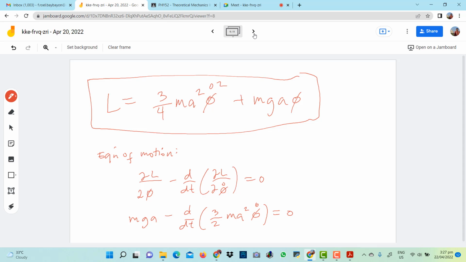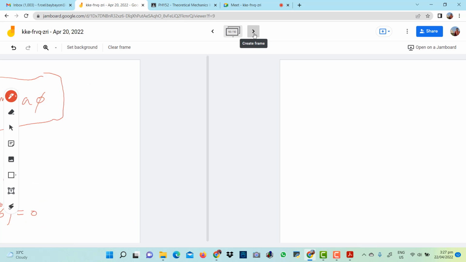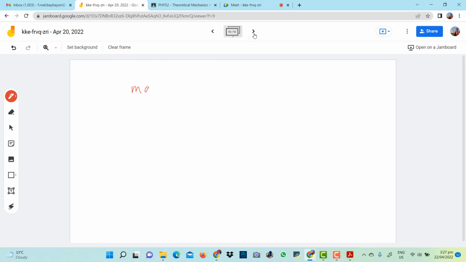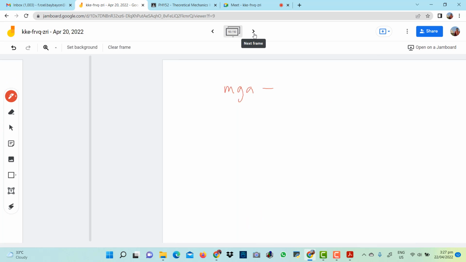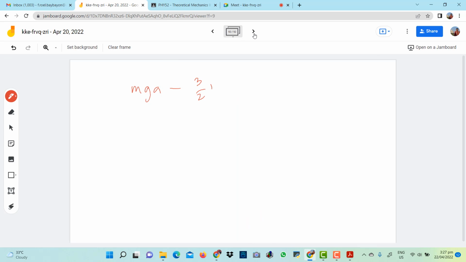Then if I derive again with respect to time, what you get is mga minus 3 halves m a squared phi double dot.